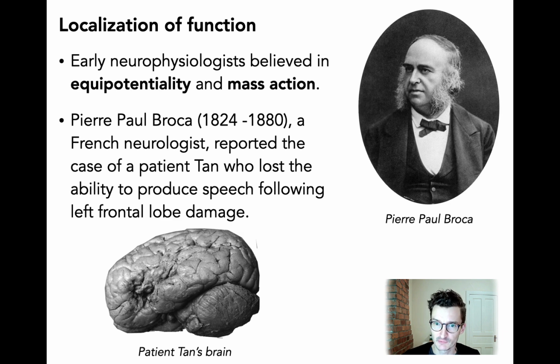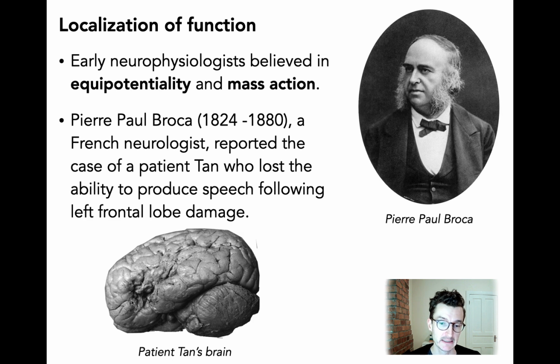And the first person to really note this and document this was Pierre-Paul Broca, a French neurologist who studied a patient named Tan in the mid-1800s. Now, Tan suffered damage in his left hemisphere in the frontal lobe, and Tan was unable to produce fluid speech following this damage.